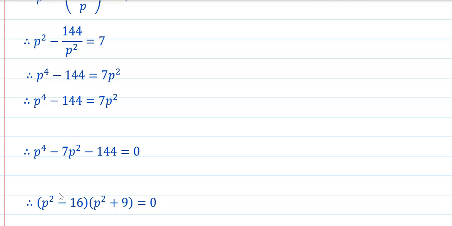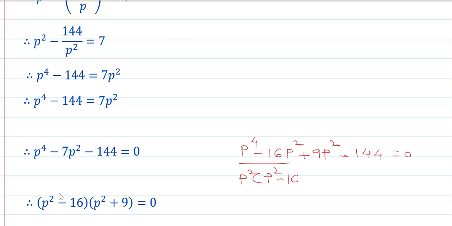This is the quadratic equation, that is p raised to 4 minus 16p squared plus 9p squared minus 144 equals 0. Therefore, you can take p squared as common, then in the bracket we get p squared minus 16, plus 9 common, then in the bracket p squared minus 16, and that equals 0.